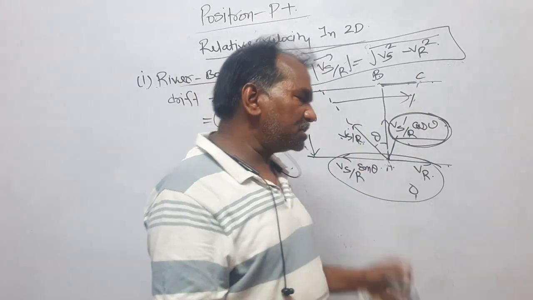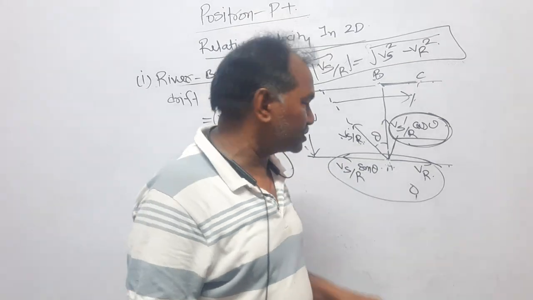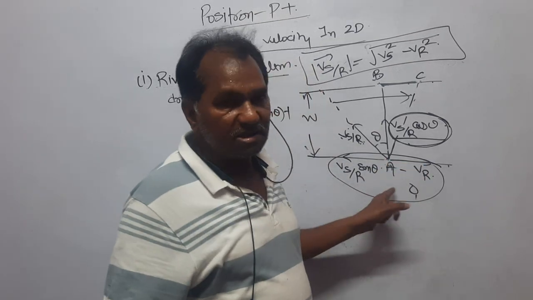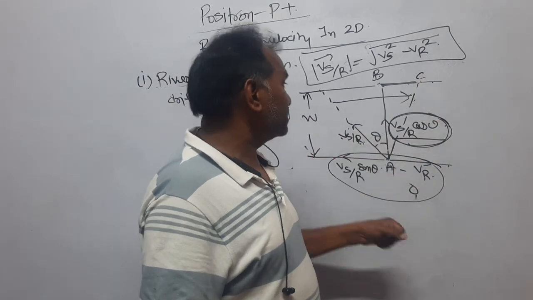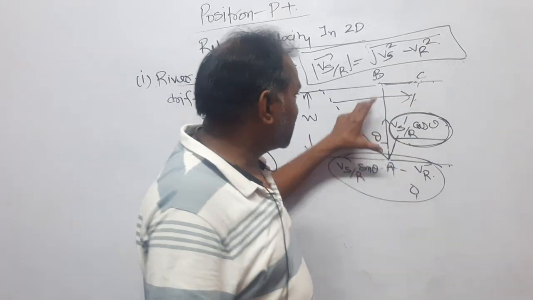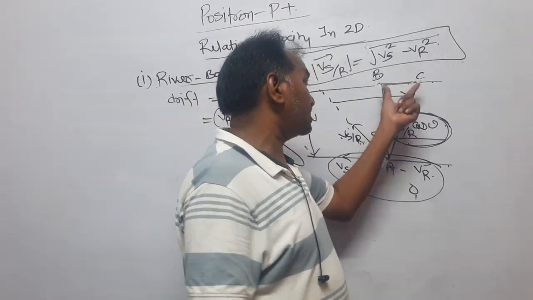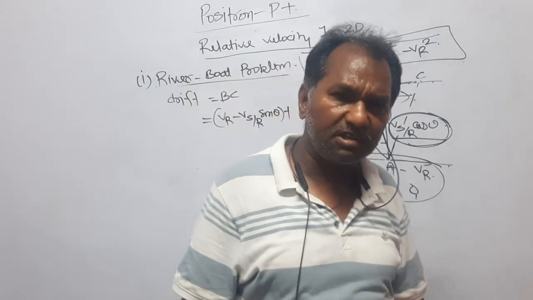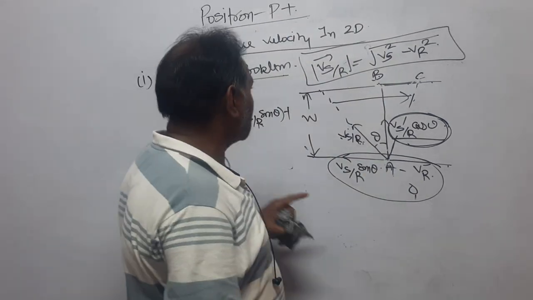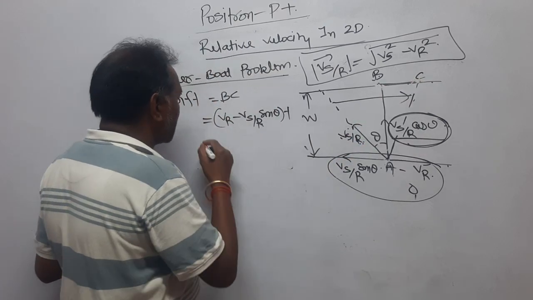So, the initial point from where the swimmer begins his motion is point A, and the ultimate point where he reaches is C. In the meantime, he travels AB vertical distance and BC is the horizontal distance. Vertical distance is covered because of the vertical component of velocity, and horizontal distance is covered because of the horizontal component of velocity. So, the horizontal drift is equal to the horizontal component of velocity into the time of crossing.